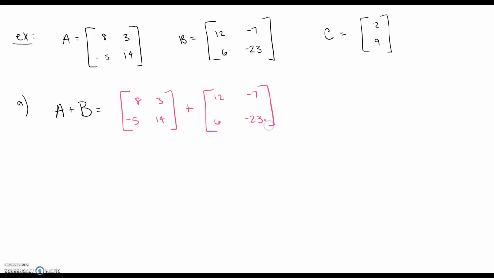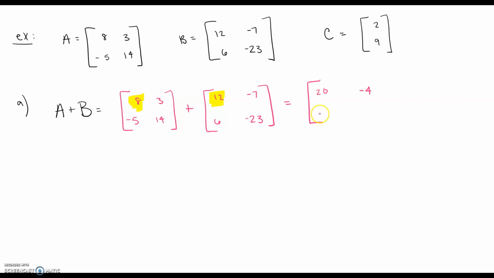And what we do is we add each of the elements together. So element 1,1 plus element 1,1. The first number up here is 8 plus 12, so that is 20. Element 1,2 is going to be 3 plus negative 7, which is negative 4.